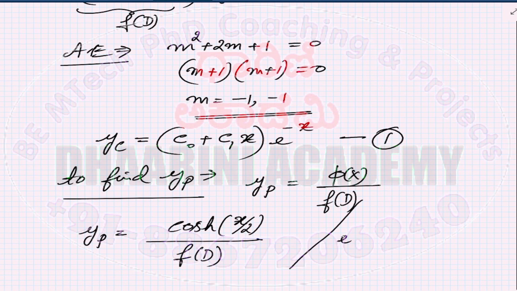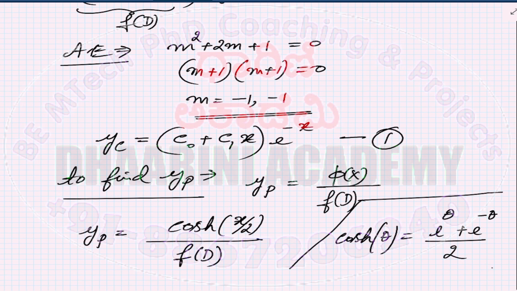Let me write cos h theta. Cos hyperbolic theta is nothing but e to the power theta plus e to the minus theta, whole divided by 2. So this is the equation. If you have cos h of theta, what is the theta in this problem?